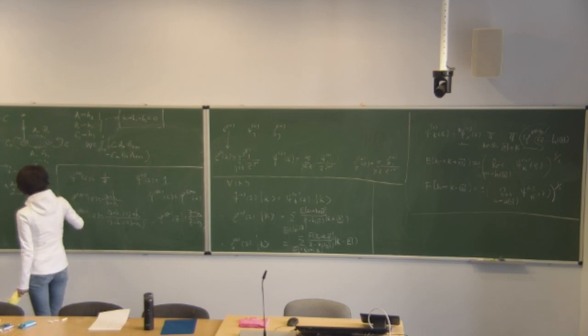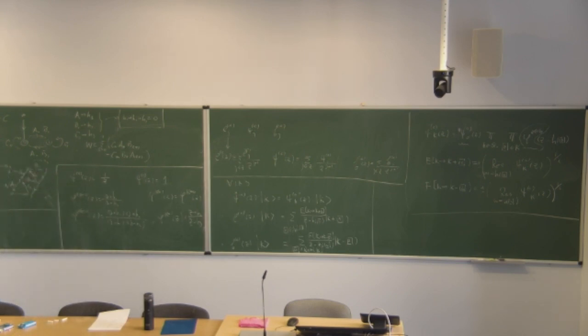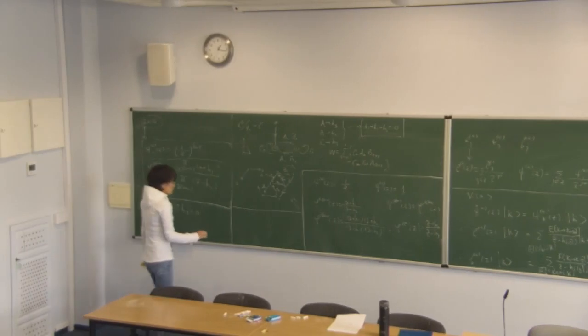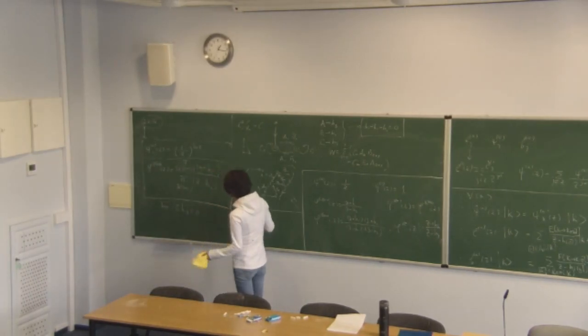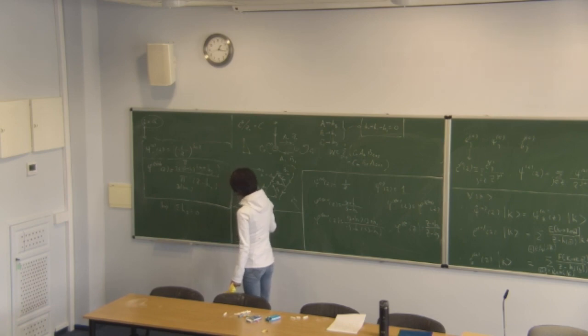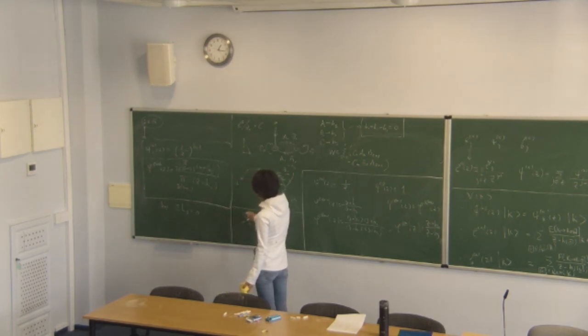So this is the loop constraint. It corresponds to the global symmetries. You can also impose, for the general case, the vertex constraint, meaning that for each vertex, the sum of the weights for the arrows going in is equal to the sum of the weights for the arrows going out.